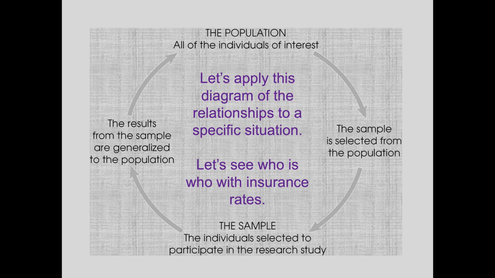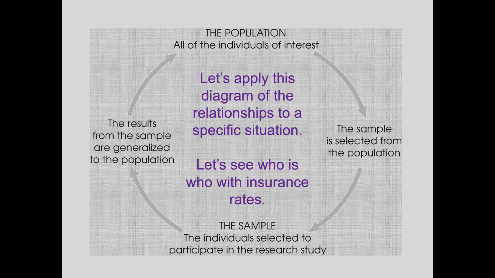Okay, let's apply this diagram of the relationships to a specific situation. This time, let's see who is who with insurance rates. The population, and let's do this for car insurance, okay? The population, all the drivers in the country. They're all supposed to have car insurance. The sample is selected from the population. In other words, they choose some of them to look at.